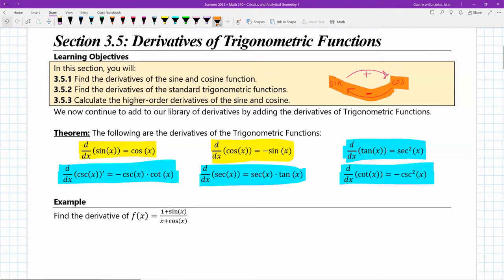And if you notice, that's what gave me the derivative of each one. I just follow the circle wherever I need it to. So if I get the derivative of negative cosine, that's going to be the negative of a negative sine, so it's going to be positive sine. You guys see how that works?